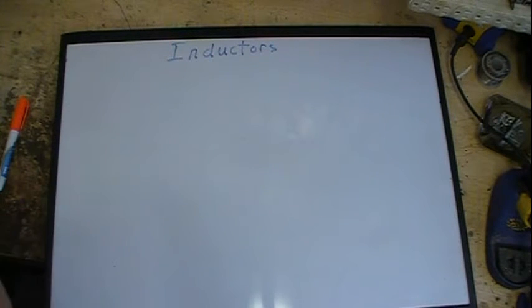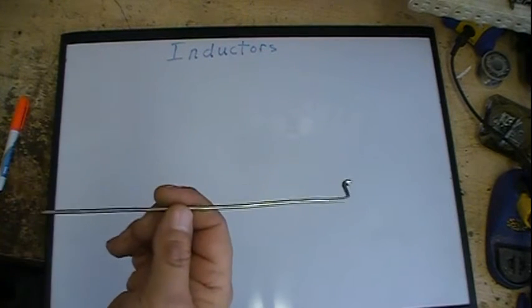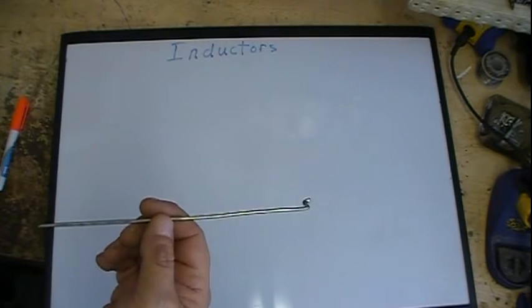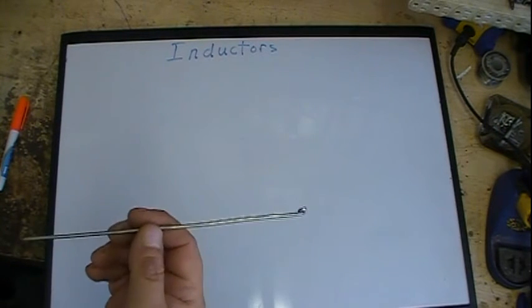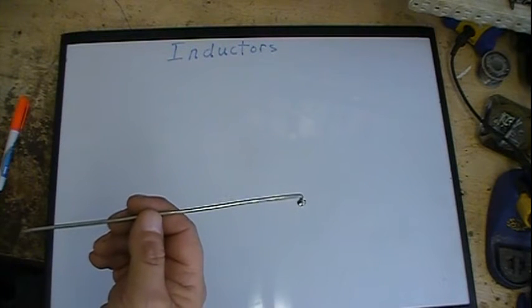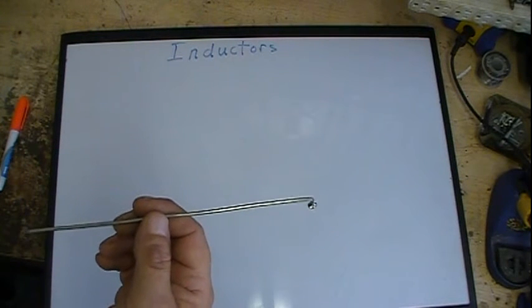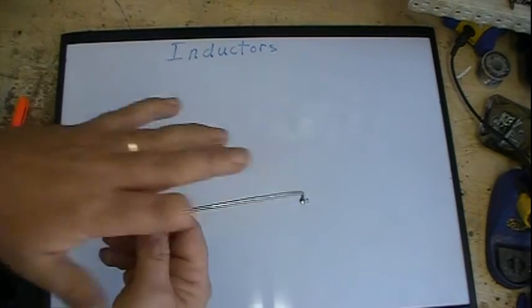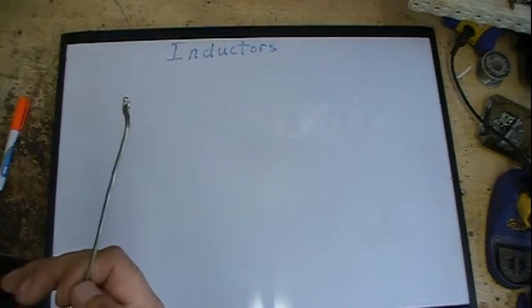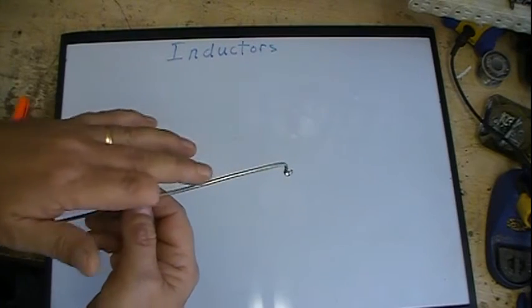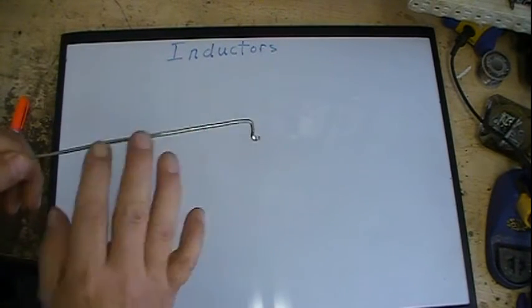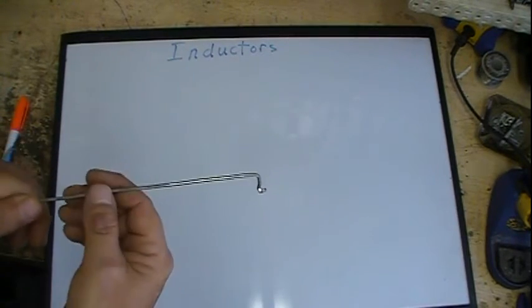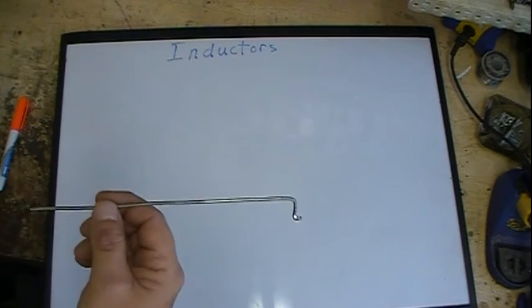When I hook up a piece of wire, first of all, to a battery, I don't get instantaneous full voltage and current. It takes a little time. To you and to me, it'll be instantaneous, but there is a certain amount of time it takes for the current to build up to full strength going through the wire.